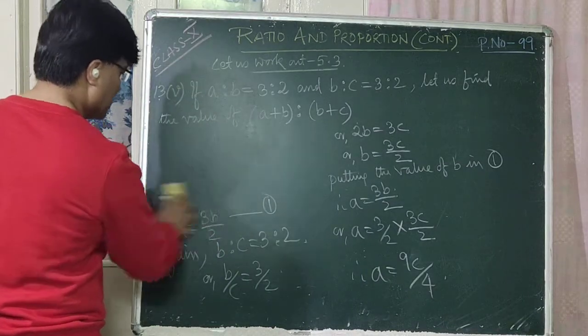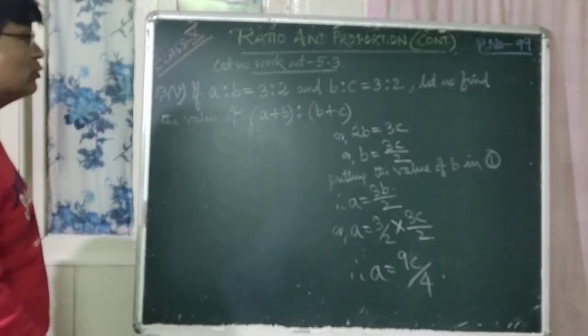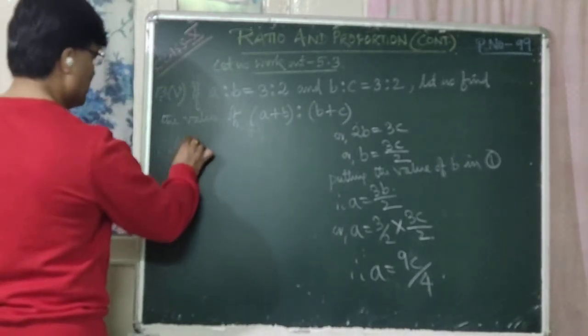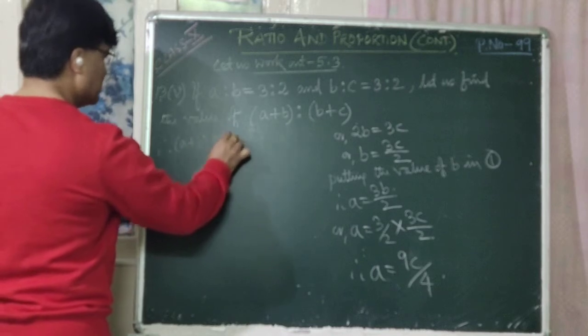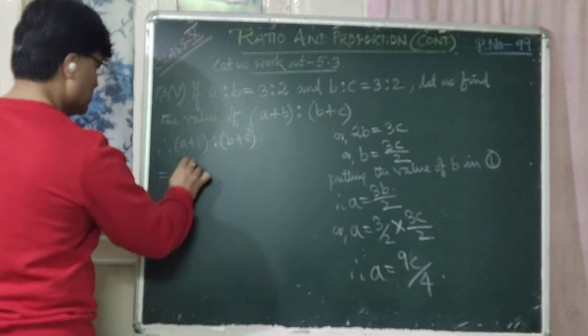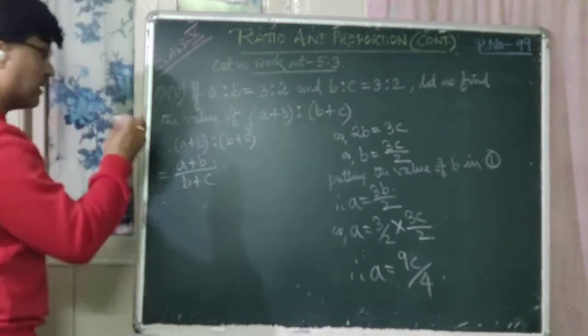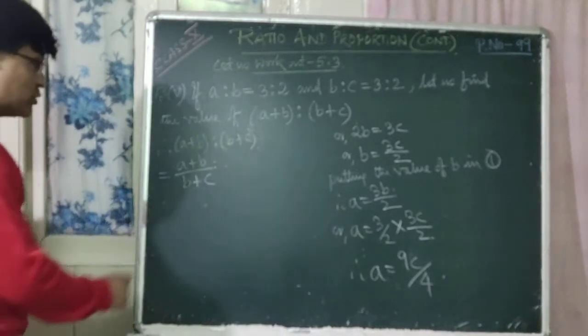So now let us find out the value for A plus B is to B plus C. Therefore, A plus B is to B plus C is equal to A plus B divided by B plus C. Let us write it in terms of fraction.